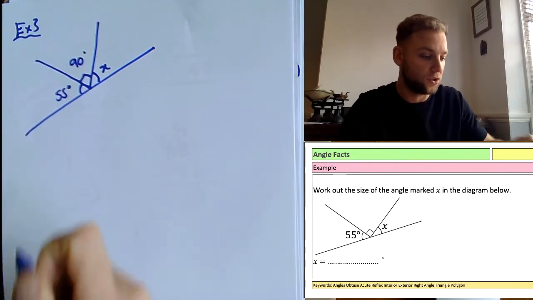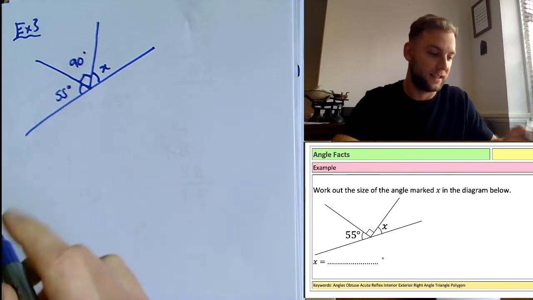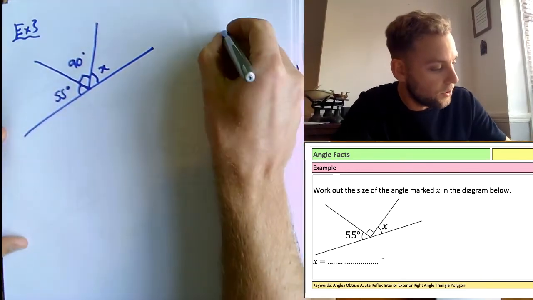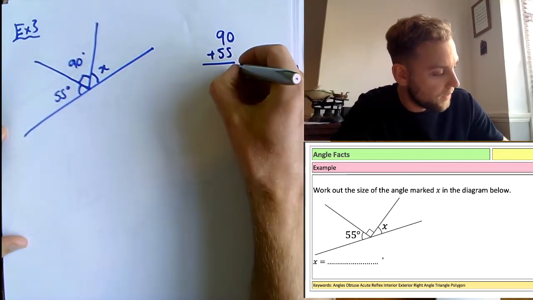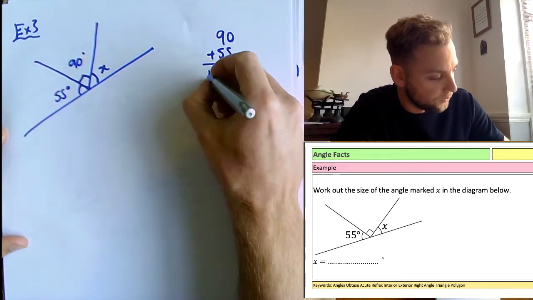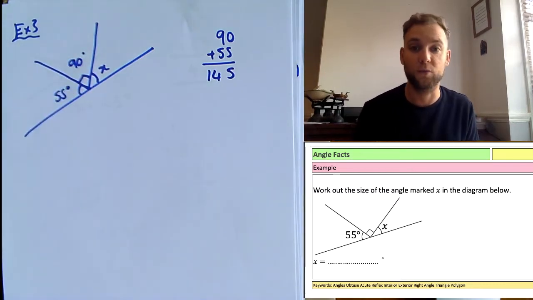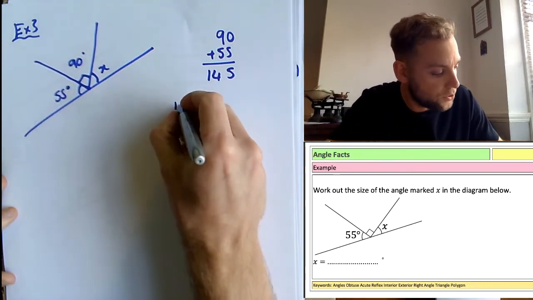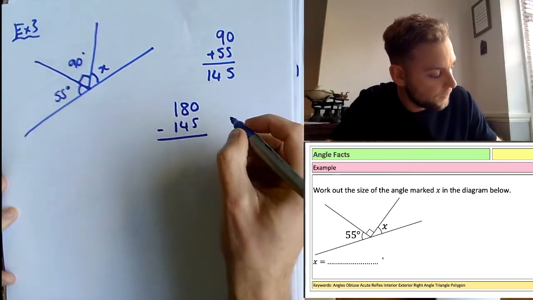So the first thing I've got to do is find out the total of these two, and then I can take that away from 180 to find out what x is. So I'm going to do 90 plus 55. So 0 plus 5 is 5. 9 plus 5 is equal to 14. That's equal to 145. So I know that these two angles sum to 145. And then I'm going to do 180 take away 145.